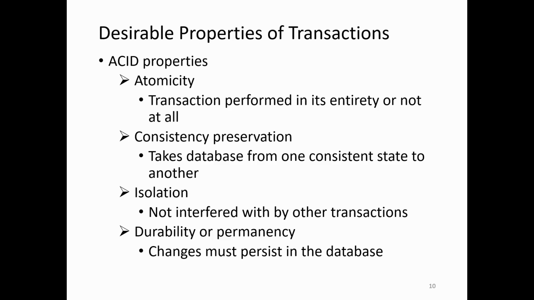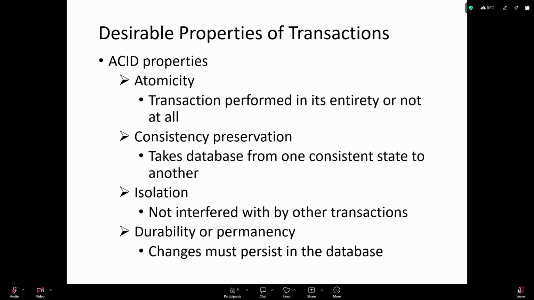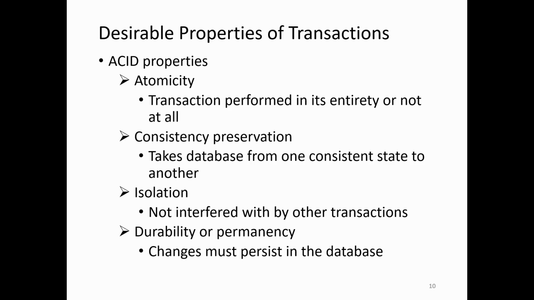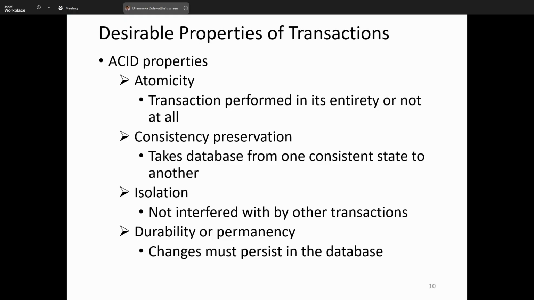The second one is consistency preservation. That means a particular transaction should take the database from one consistent state to another consistent state. For that, there should not be errors in the transaction's operations. There should not be any inconsistency in the database after the end of the transaction.